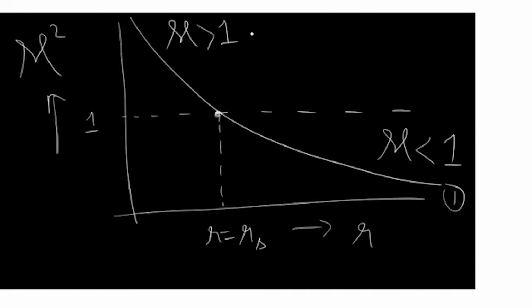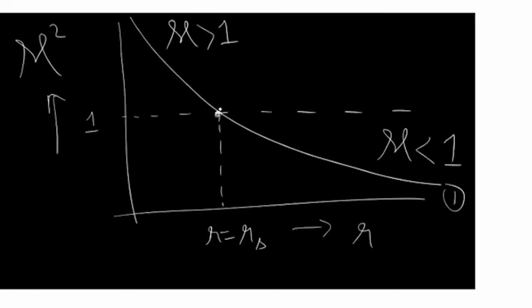So what does this represent? This could represent gas that is at rest at infinity, at very large distances, and it's attracted towards a compact object. It's trying to accrete onto a compact object, and as it's accreting, the speed increases, and therefore the Mach number increases, and it eventually passes through a sonic point.